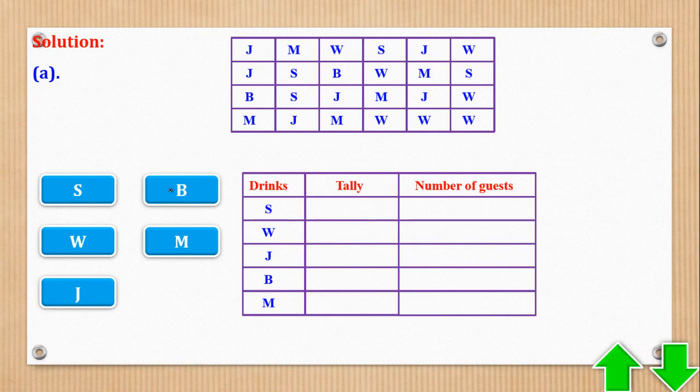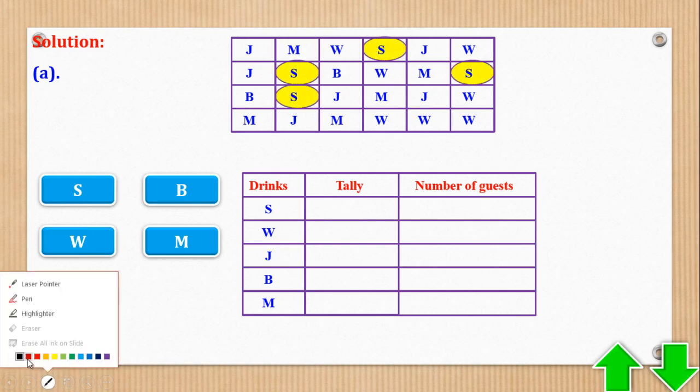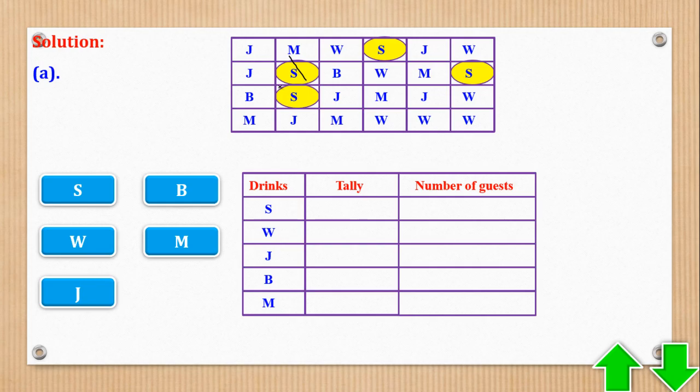Then tallies, we shall begin with S. Look for all S. All S we have 1, 2, 3, 4. So we shall put a tally of 4. The next is W, which is water. It has 1, 2, 3, 4, 5, 6, 7. So put a tally of 7.